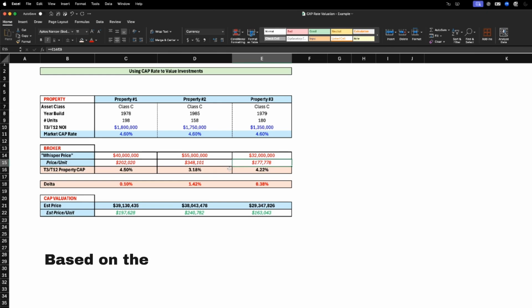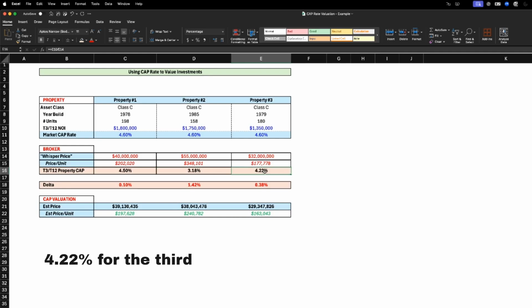Using the historical NOI, that gives you a 4.5% property cap rate for the first property, 3.18% for the second property, and 4.22% for the third property.